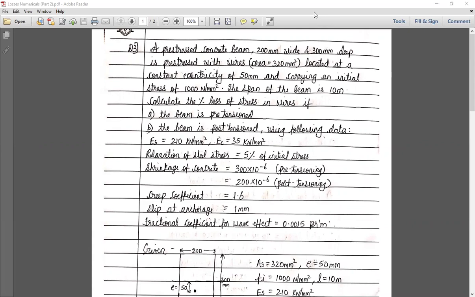In that we will have to find out the resultant stress in the section. There are three methods in that: the stress method, the strength method, and the load balancing method. We will see some numericals on that concept in the next lecture. So in this week we will complete the last module of pre-stress concrete also.